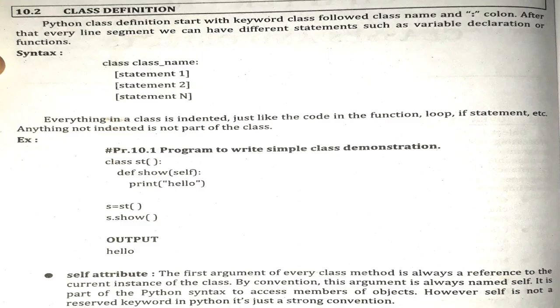Now we are going to start with the first class program of Python. Like other programming languages, whenever we want to create a class in Python, we make use of one keyword, that is class. After the class keyword, you write the name of the class.